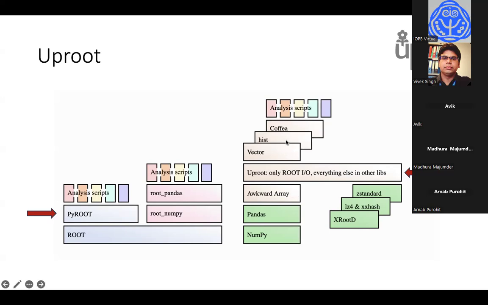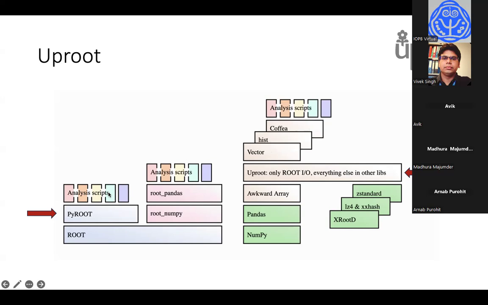Like if you want to create a histogram, let's say, you can't do that using uproot or awkward array. For that, you have to use another library, called Matplotlib or Hist, or there are many libraries which can be used. And also, if you want to do analysis, here you can write your own script in PyROOT.